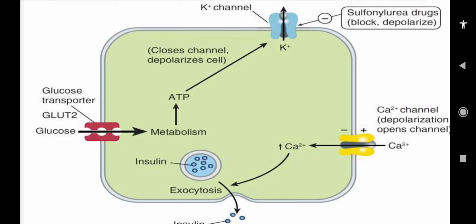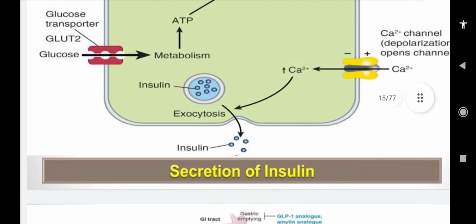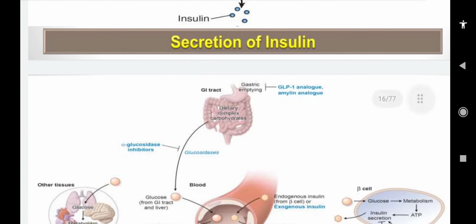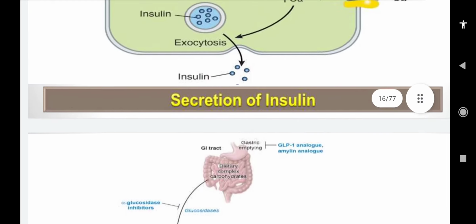Potassium is basically inhibitory and calcium is excitatory. We do not need potassium in the cell for the release of the insulin. We need calcium in the cell for the release of the insulin. So this is the basic secretion of the insulin.